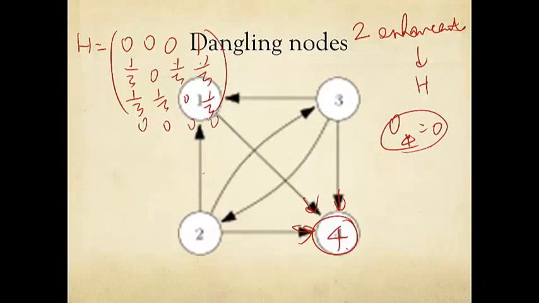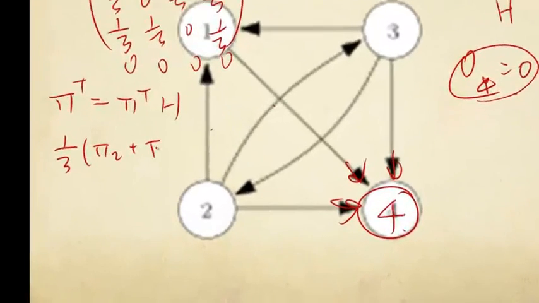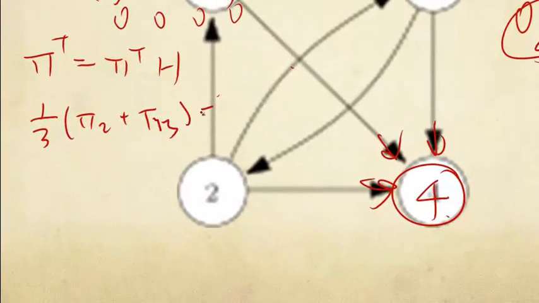So if we solve the linear equation associated with this, pi transpose equals pi transpose H, that means we have to solve the following equations. 1 over 3 times pi 2 plus pi 3 equals pi 1. Okay?